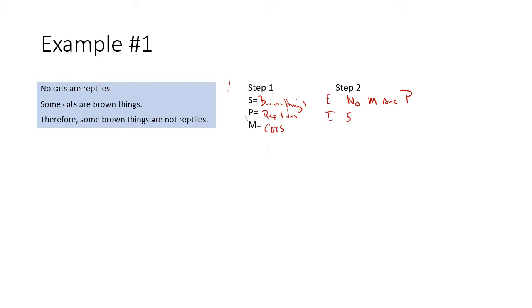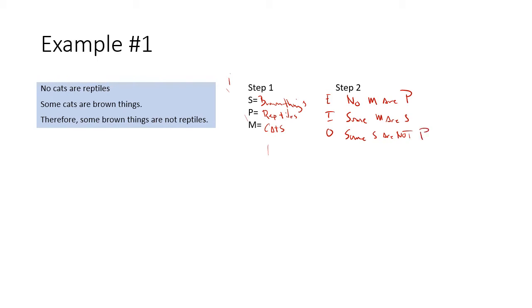That becomes some M R S. And then the conclusion, which is a particular negative, an O claim, is some S R not P. So just be clear here that that is a particular negative.